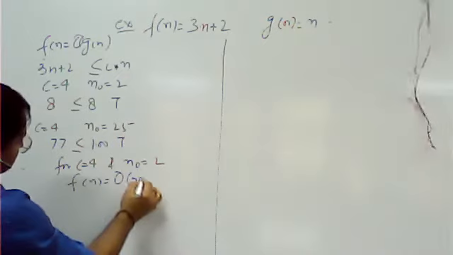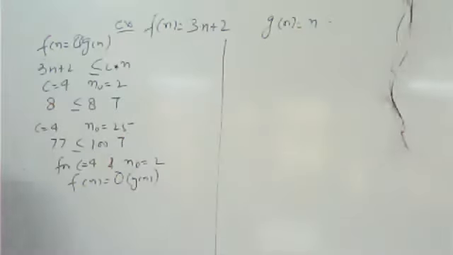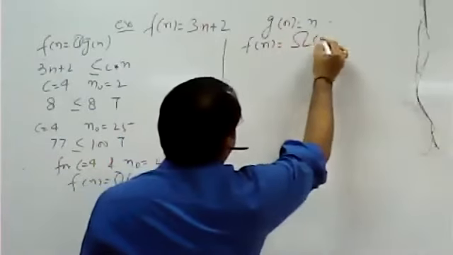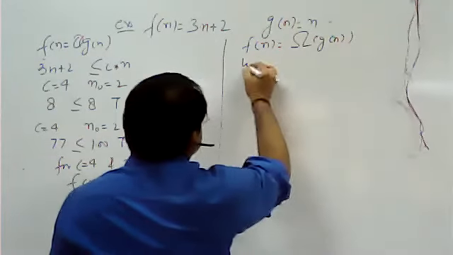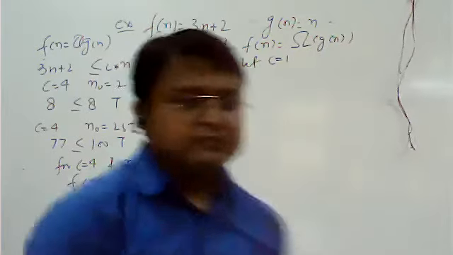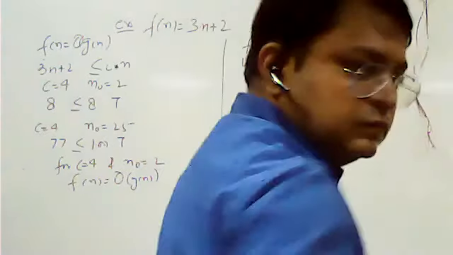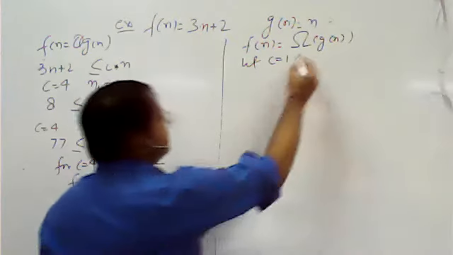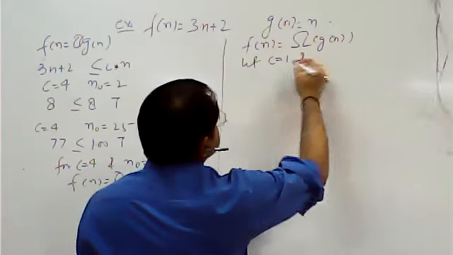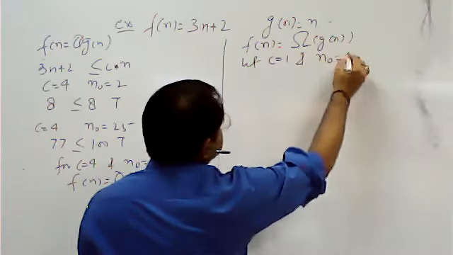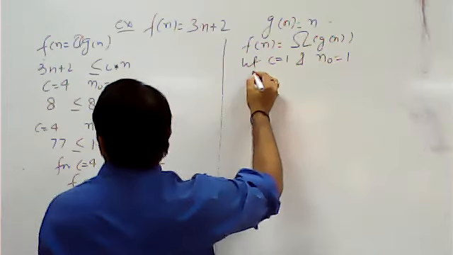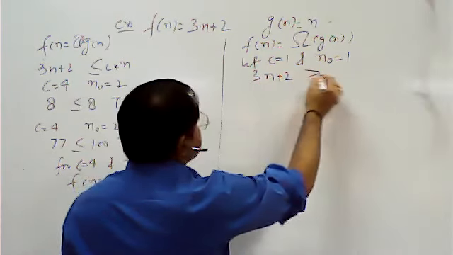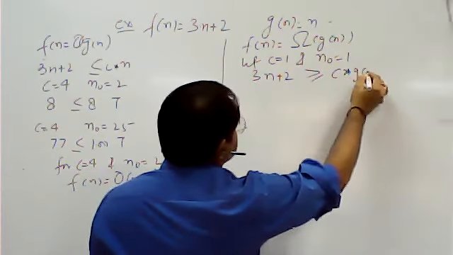And here we will prove Fn is equal to big omega of Gn. So let C be equal to 1 and n0 equal to 1. So we have 3n plus 2 always greater than or equal to C into Gn.